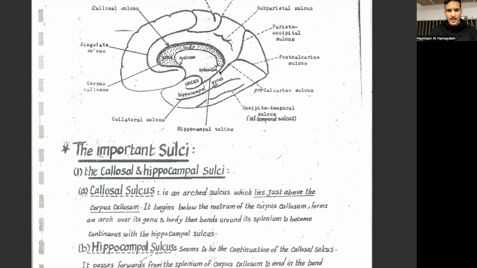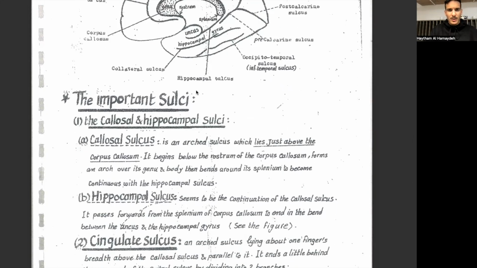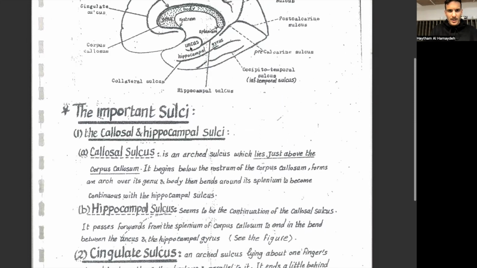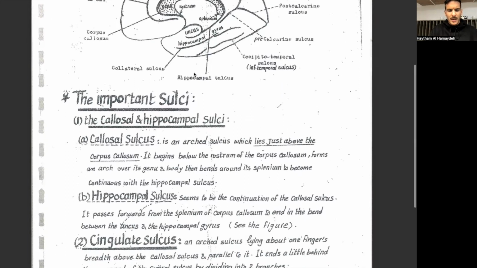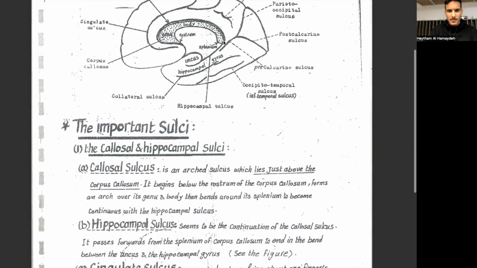That's the path of the callosal sulcus. The hippocampal sulcus seems to be the continuation of the callosal sulcus, passes forward to the splenium of the corpus callosum, to end and bend between the uncus and the hippocampal gyrus.